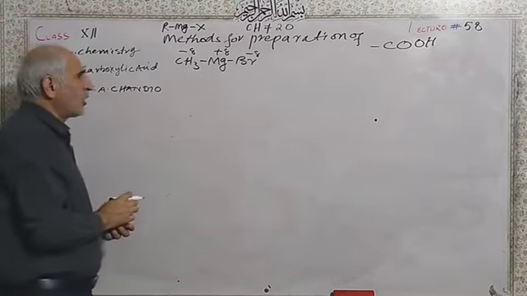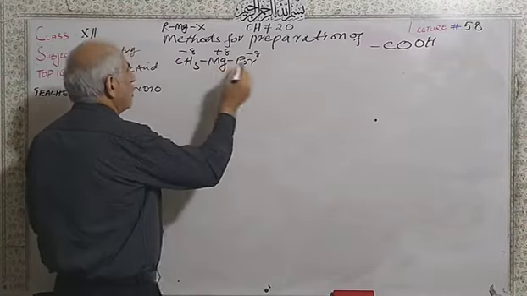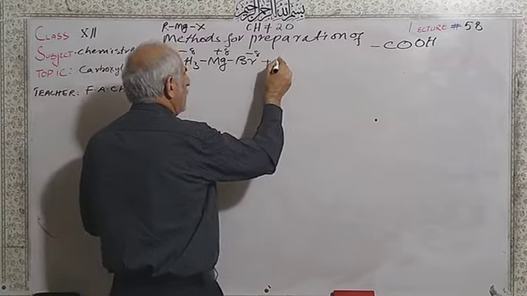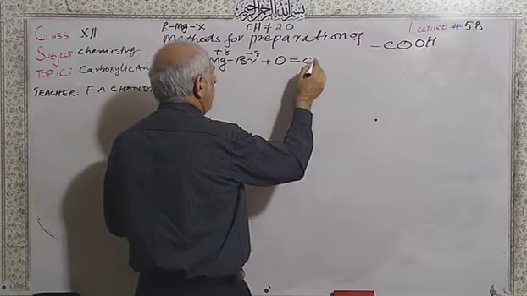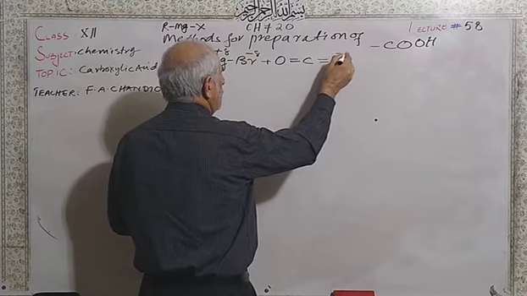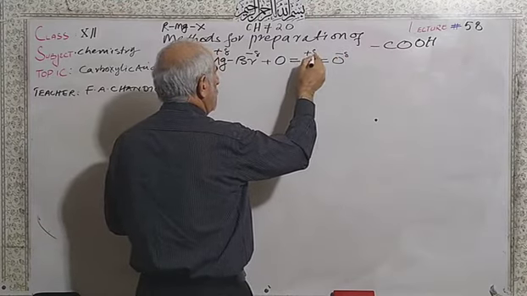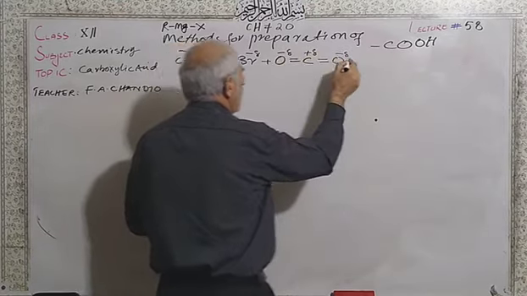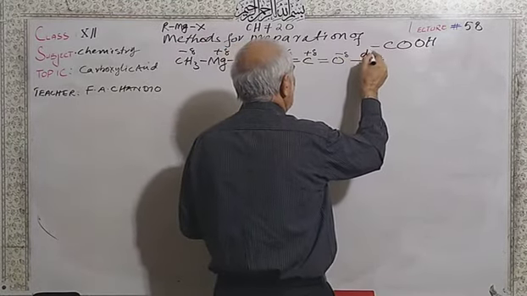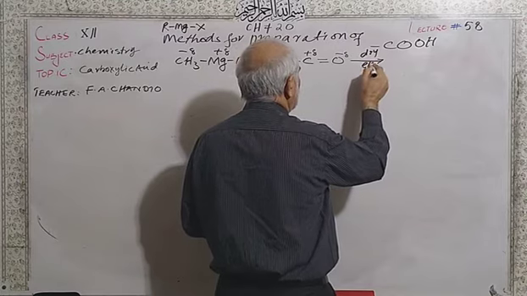Victor Grignard got the Nobel Prize for this. So this is the Grignard reagent, methyl magnesium bromide, and carbon dioxide gas in the presence of dry ether.